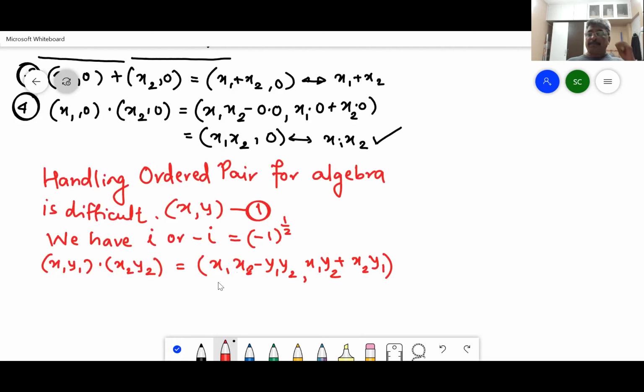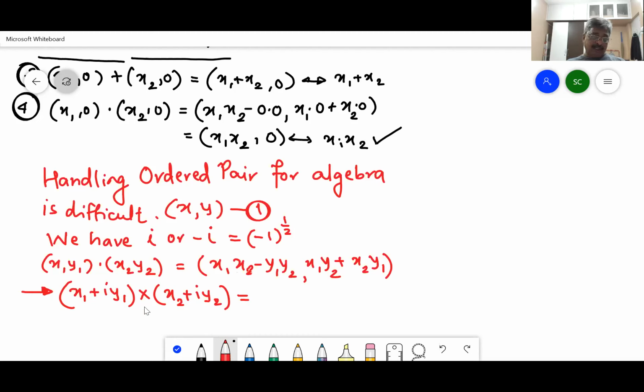So this definition of multiplication also needs to be satisfied by the new representation of complex numbers that we come up with, and therefore many trials were conducted, and somebody came up with x1 plus i y1 to represent x1 comma y1. Suppose we represent it like this, and we multiply by another number x2 plus i y2 by our regular multiplication.